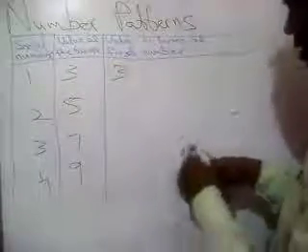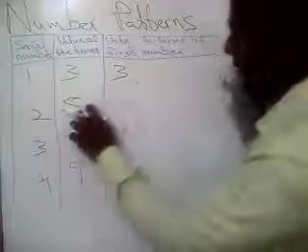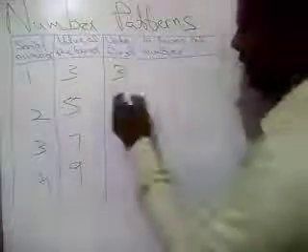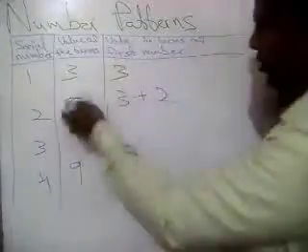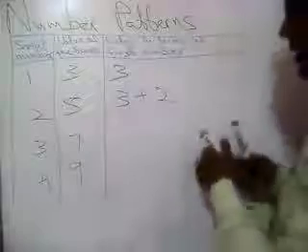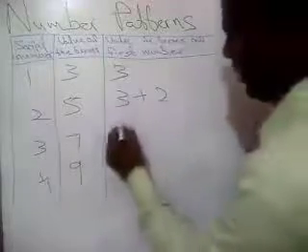Here the value is 3. When it comes to 5, how do we calculate the value of this term? 3 plus 2 equals 5. Then the next, in terms of 3, is 3 plus 4.